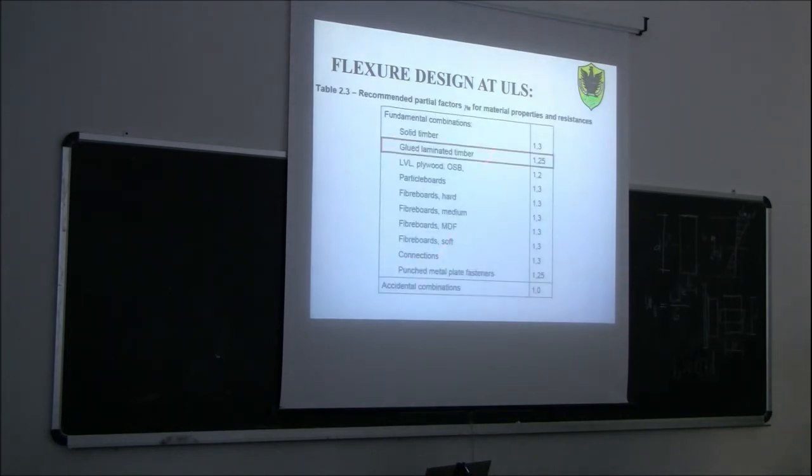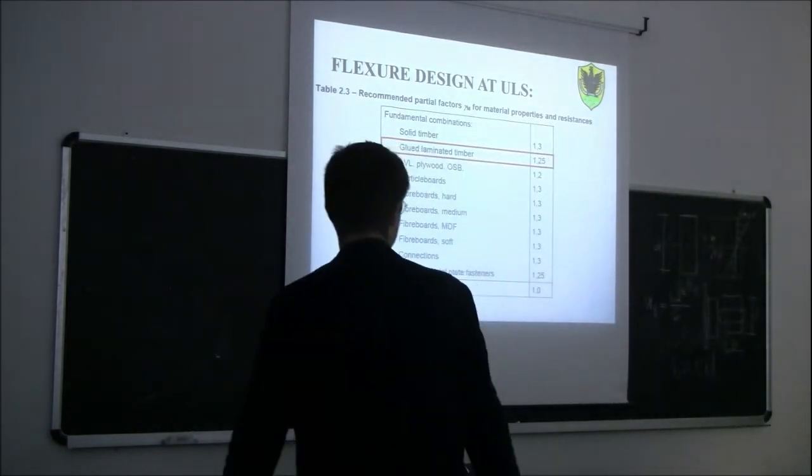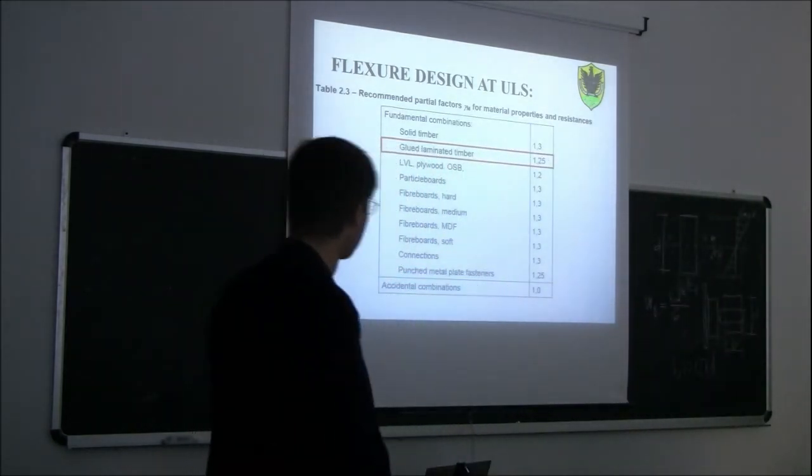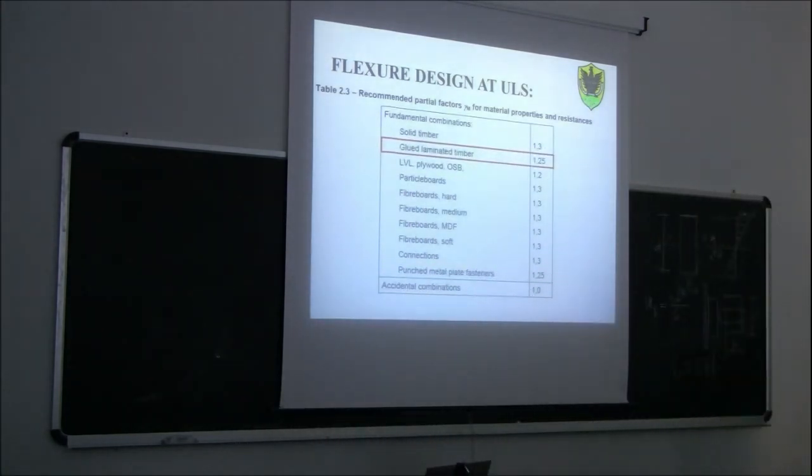This is the table of the safety coefficients from the Eurocode, so 1.25 for ruler and timber. Just a reminder that if you design in Italy, you need to use the safety coefficient given by the national regulation for construction. This 1.25 becomes 1.45. So 1.45 in Italy.